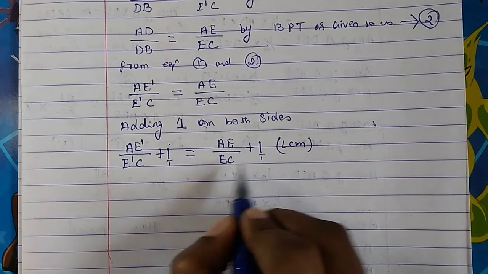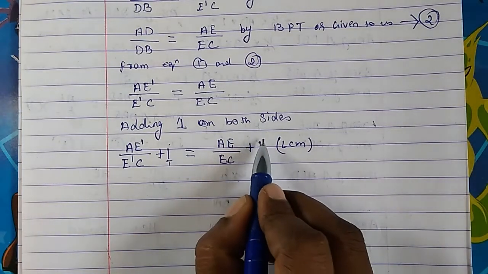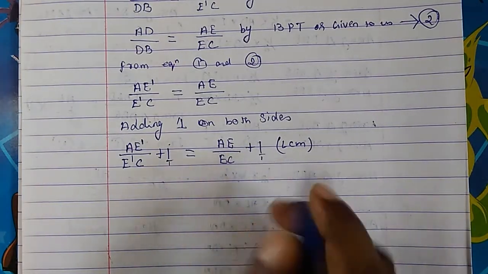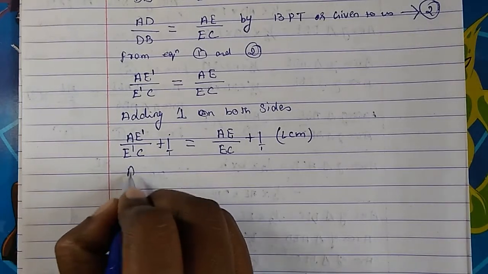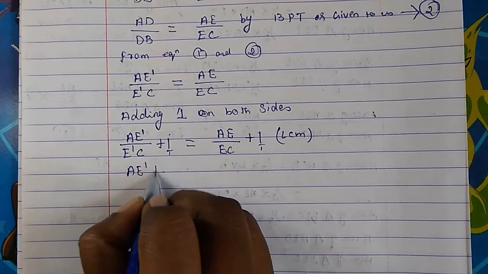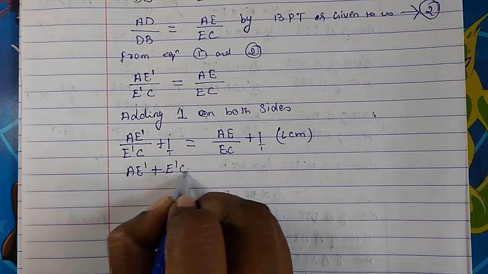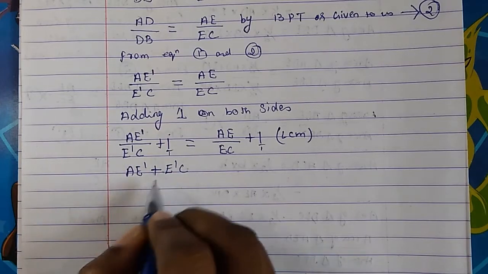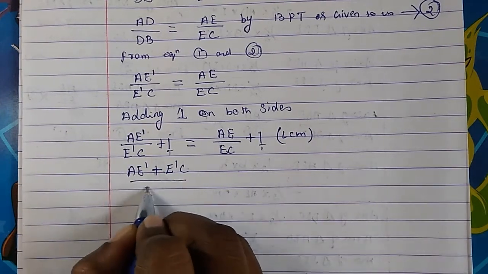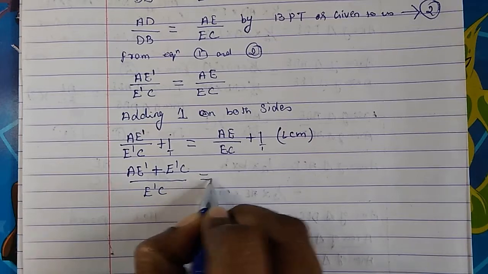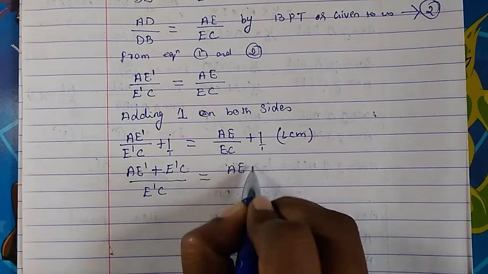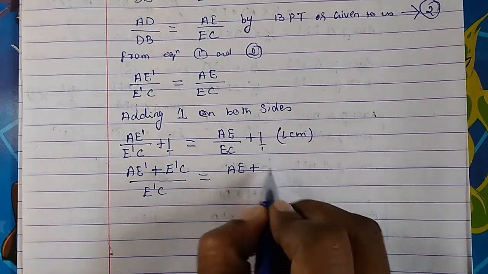Same way with EC, multiply both the side. So here also we will get EC, here also we will get EC. Okay, so AE dash plus E dash C, both side will be EC, so let's write common.